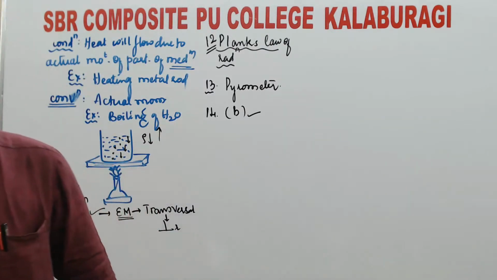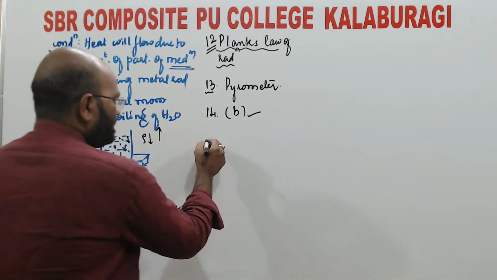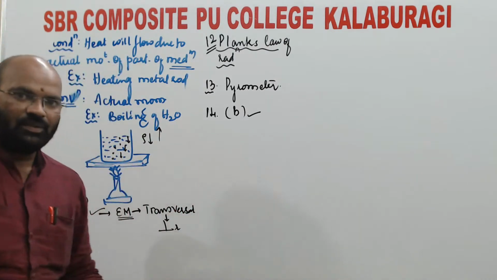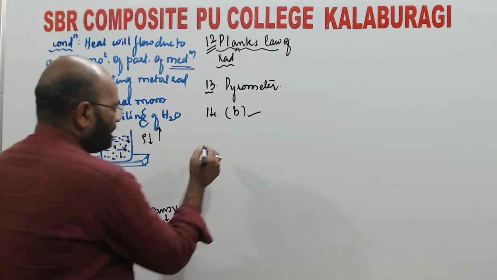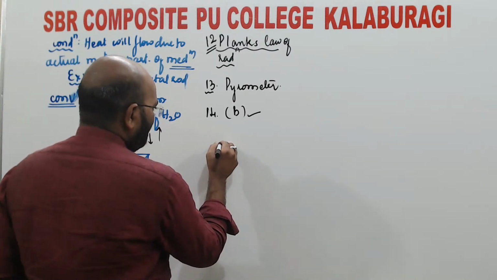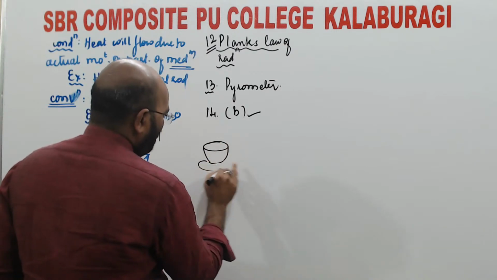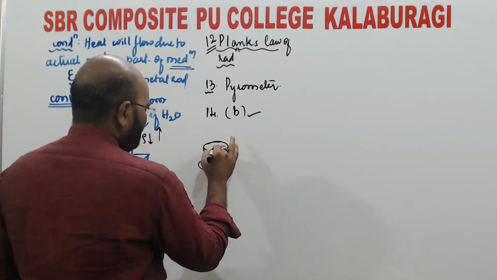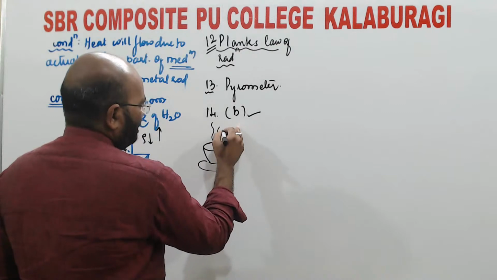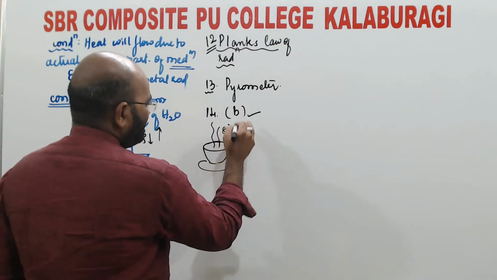We know that, this is quite simple. It will happen and everybody has seen this, so we are going to justify it. Imagine a hot cup of tea. If I measure its temperature, it is more than 80 degrees Celsius.